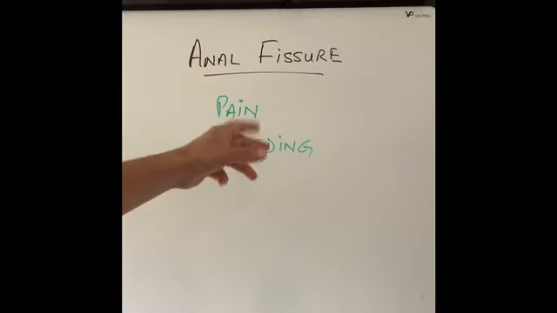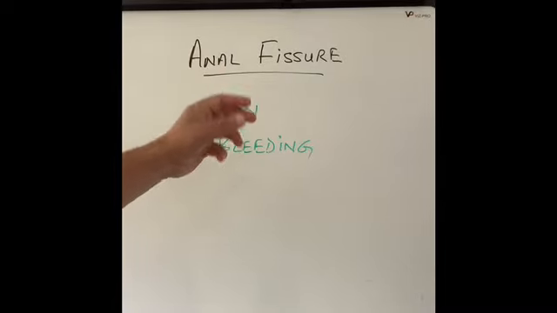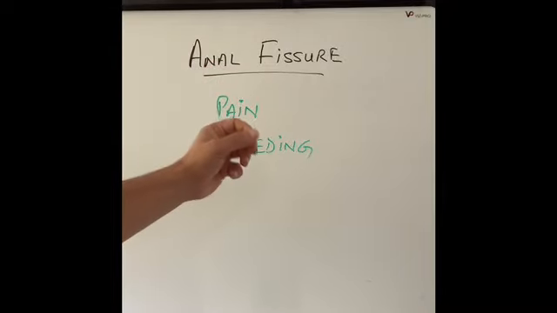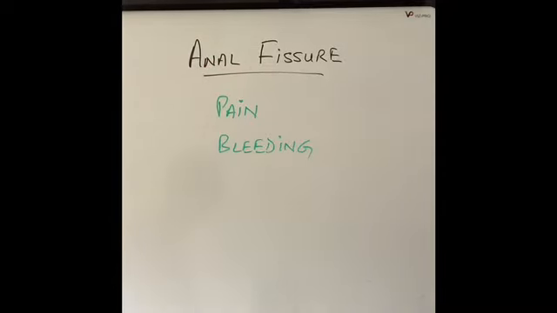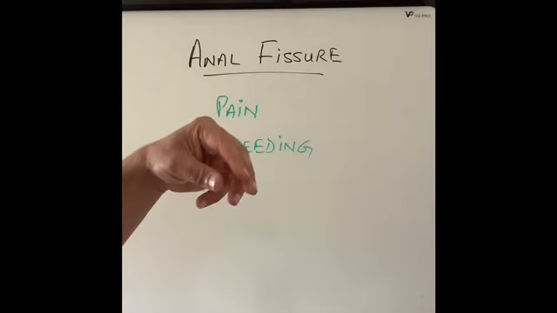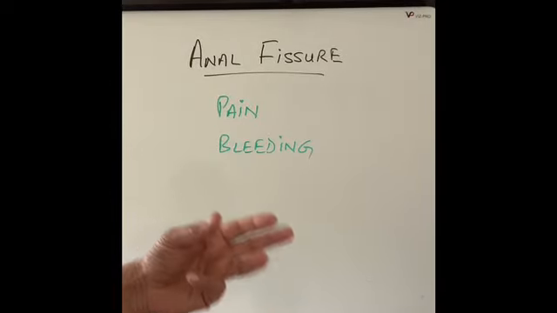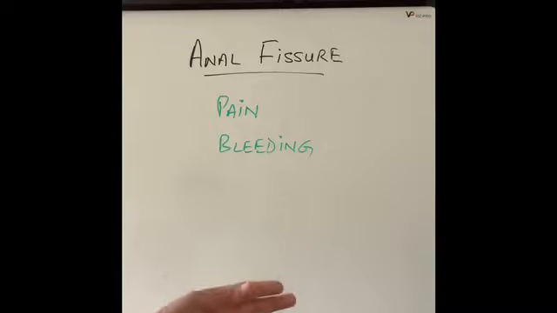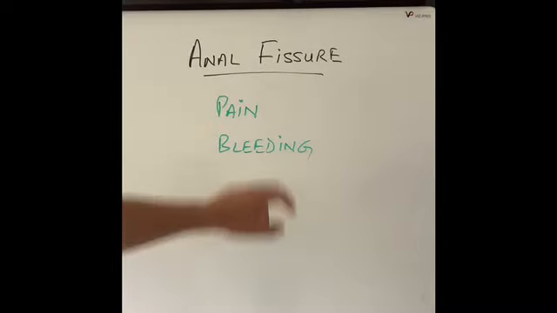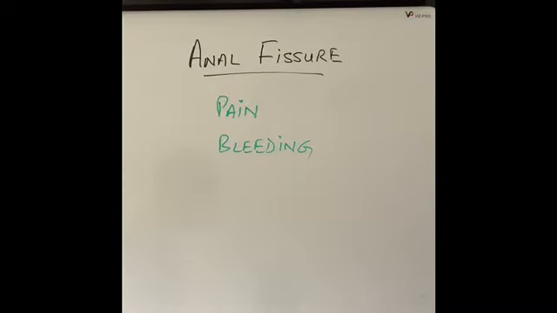The commonest cause of pain in the bottom end, which is like sharp glass-like pain, is anal fissure. So the main symptom of anal fissure is pain in the bottom end when we go for the poo, and because it's a cut inside the bottom end, because anal fissure means a split or a cut inside the bottom end, it can also bleed streaks of fresh blood on the surface of our poo.